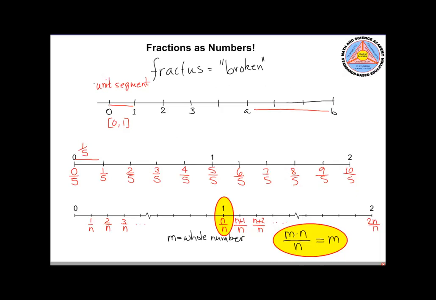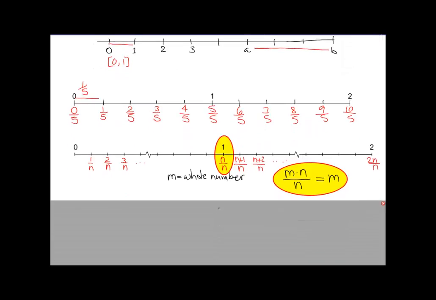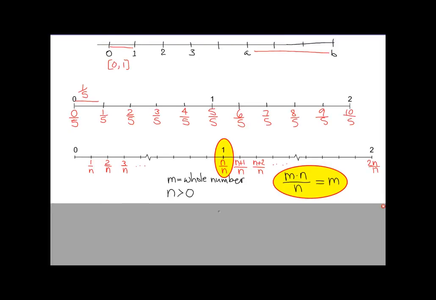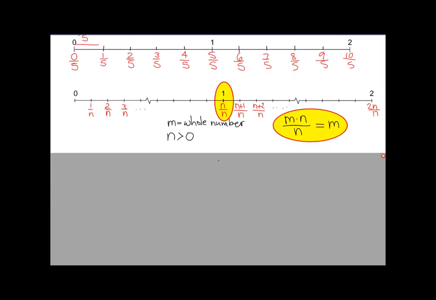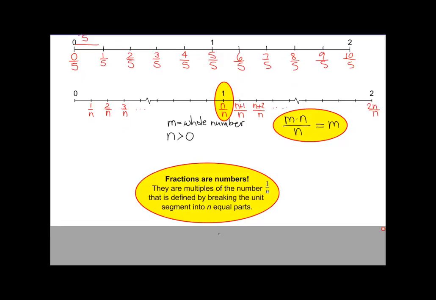I should point out that for the purposes of this discussion, we have limited ourselves and should be aware that we're talking about n greater than 0. So in short, a fraction is a number that is a multiple of the number 1/n that we define by breaking the unit segment into n equal parts.